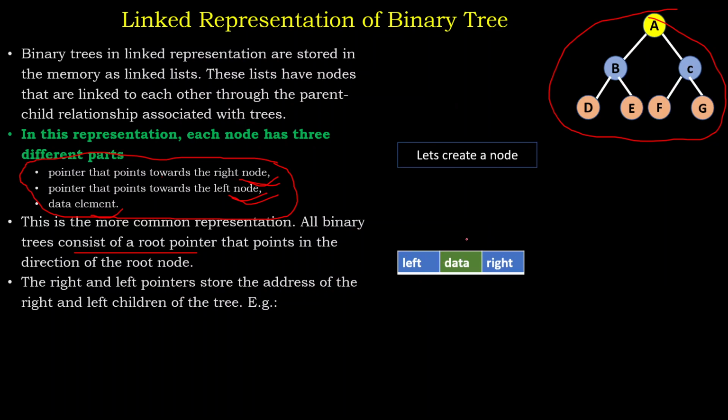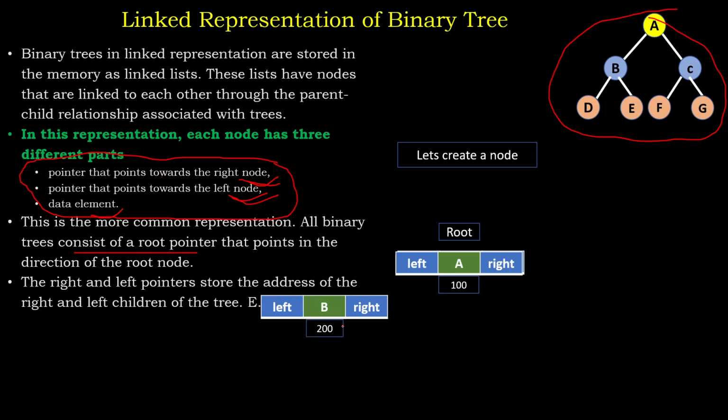Suppose the first node, the root node, is assigned as A. Then we assign another node, B, which also has left and right pointers. The B node has pointer 200, which is on the left side, so it must connect to the left.